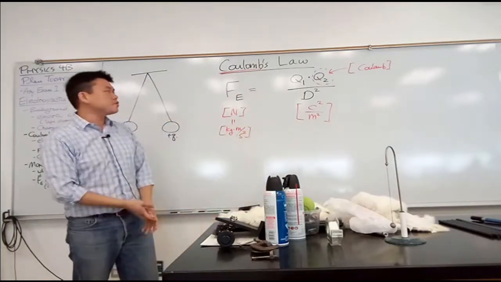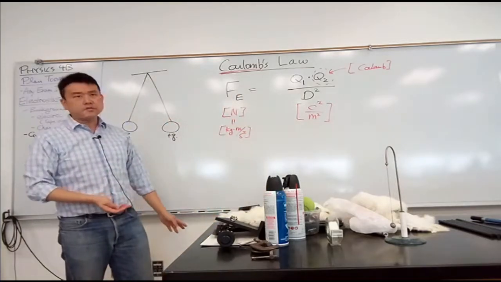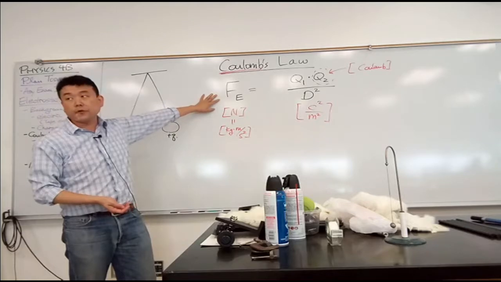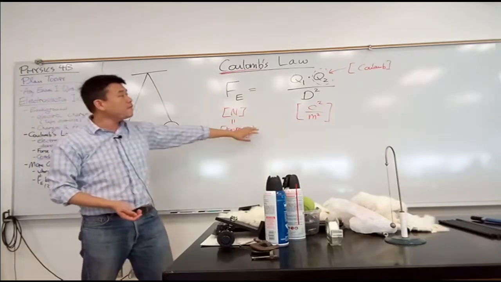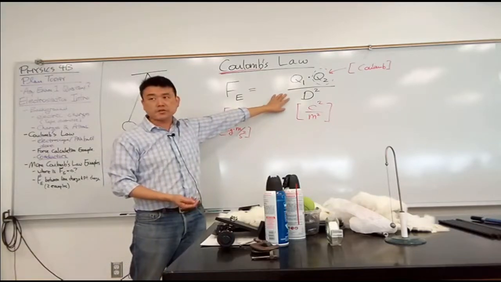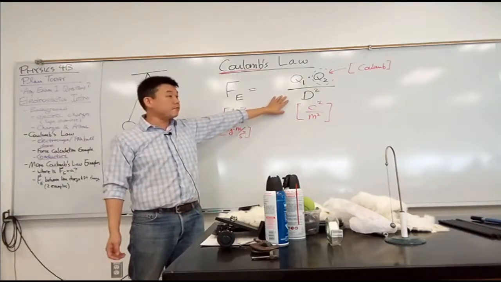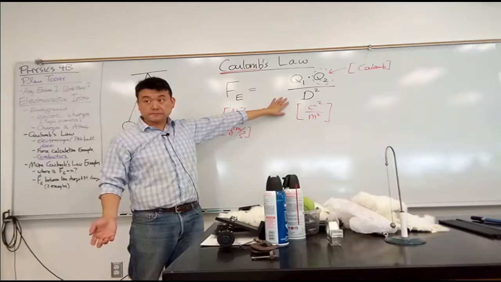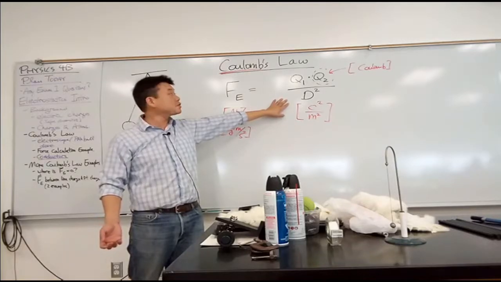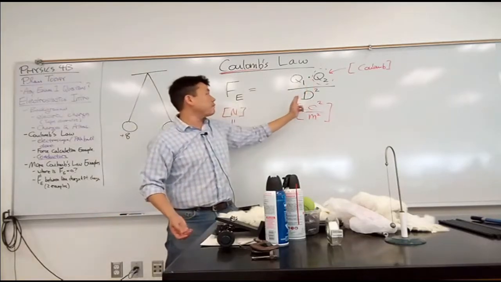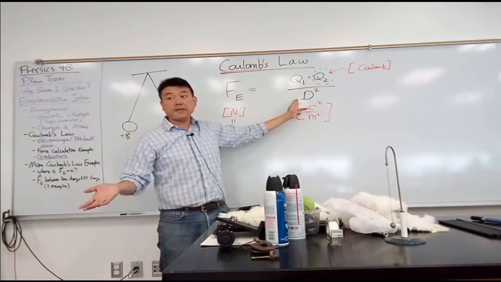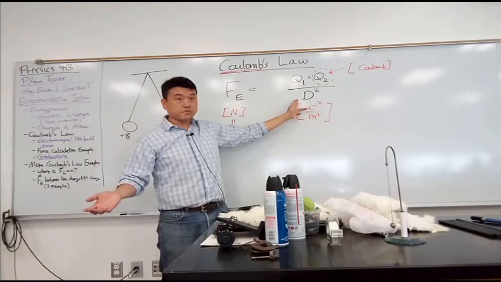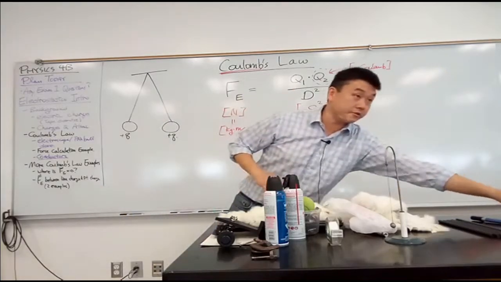Maybe let me build your intuition this way. Where else have you seen a similar expression before? You have force on one side, and on the right-hand side is an expression that describes how that force can be obtained. And a lot of these have a very similar feature to another law you might have seen before: Newton's law of universal gravitation.